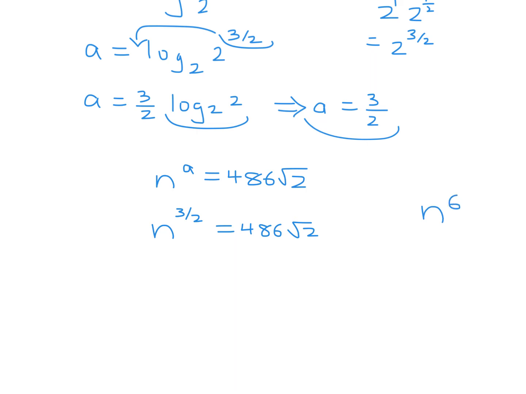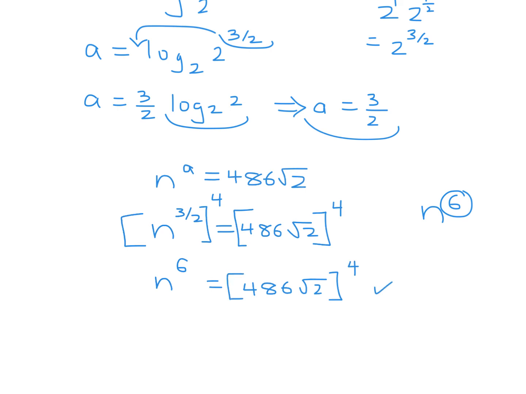So we can get that by taking this to the 4th power. If we take it to the 4th power, it'll make it into a 6, because 3 over 2, or 1.5, times 4 is 6. So this becomes n to the power of 6, and then this is 486 root 2 to the power of 4. And that's it, really. I think this is the answer.